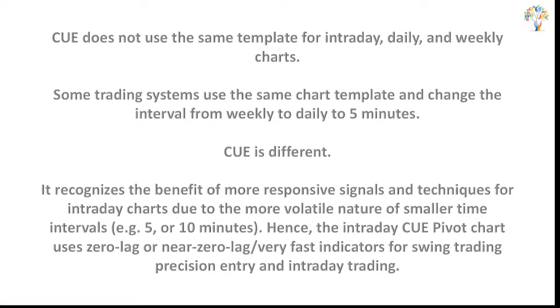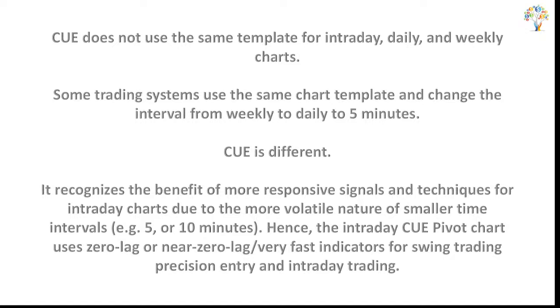Q does not use the same template for intraday, daily and weekly charts. Some trading systems use the same chart template and change the interval from weekly to daily to 5 minutes. Q is different.